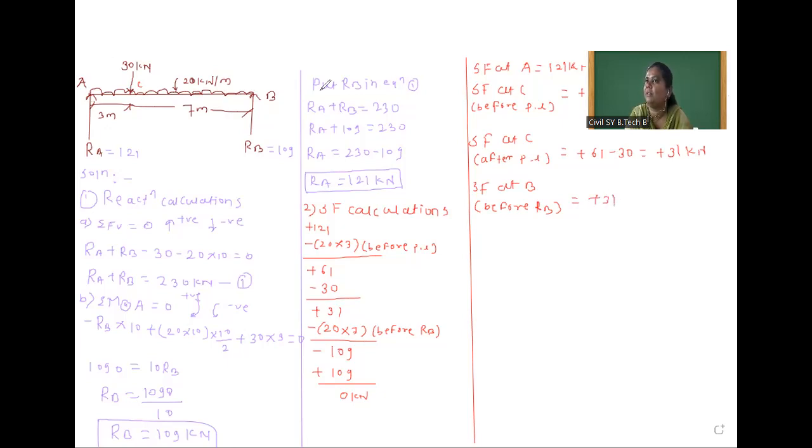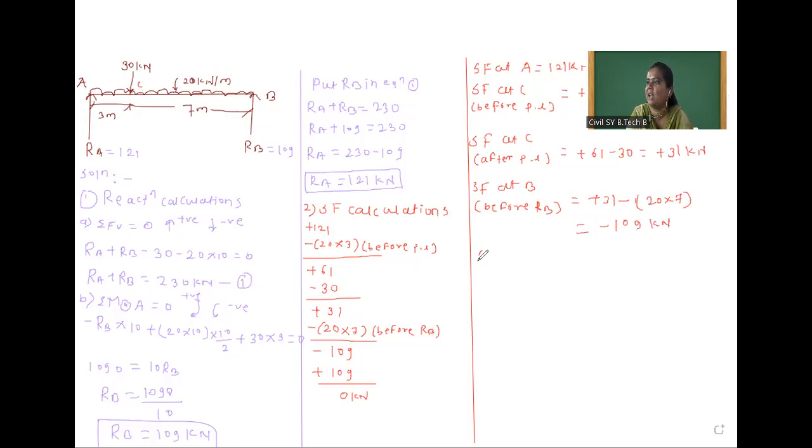After that, in between C to B, there is a uniformly distributed load, but downward. So minus 20 into 7. You calculate and tell me shear force at B. It is minus 109 kilonewton.